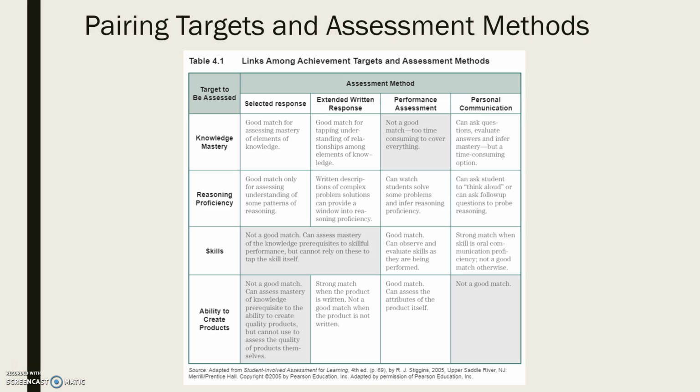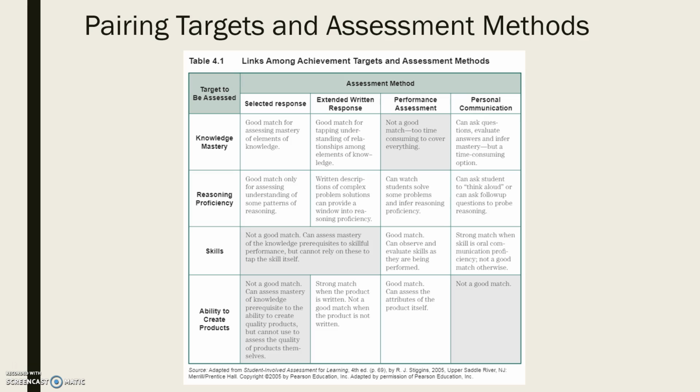For example, selective response would be a very good match for knowledge mastery because it's a way of quickly and easily determining whether students know certain facts or concepts. While selective response would be poor for skills or products type achievement targets because it does not sufficiently show whether or not a student has mastered one of those achievement targets.